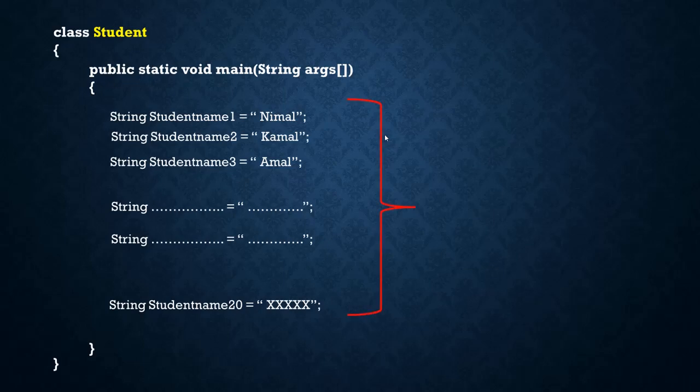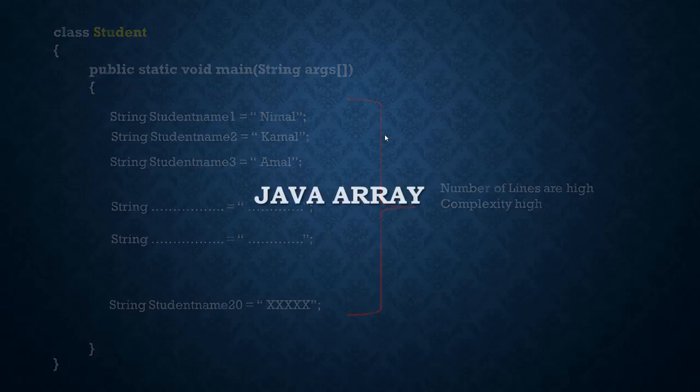So your program complexity is high. Because the complexity is high, obviously your program execution performance will be really poor, and the program also has really poor readability. Therefore, developers introduced a new concept called array.